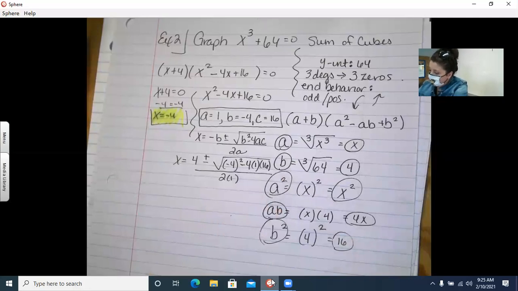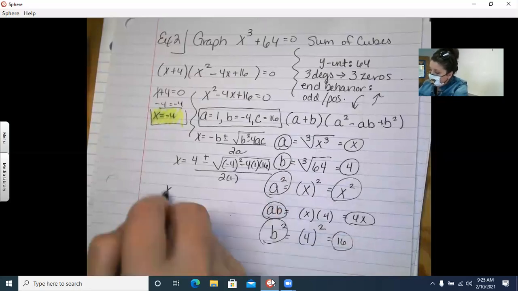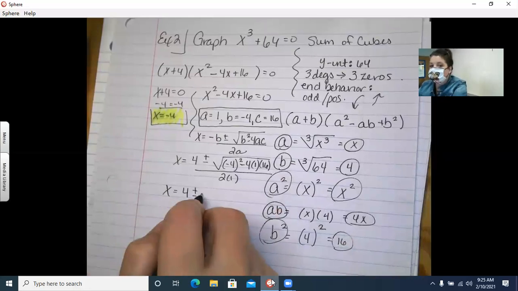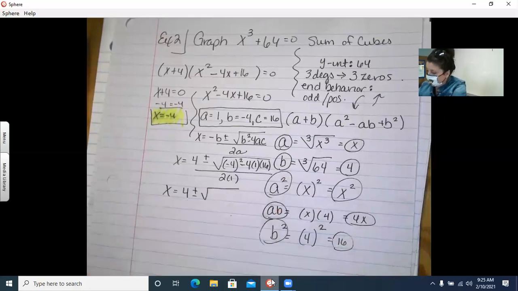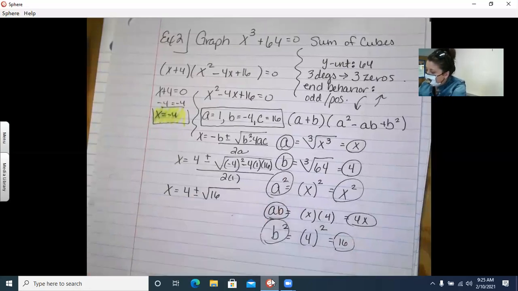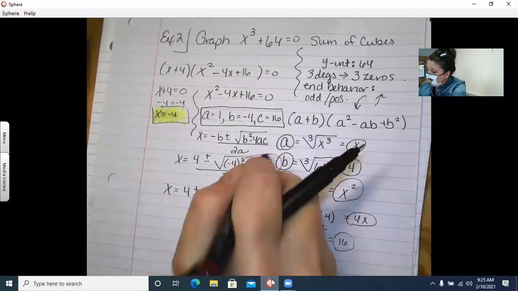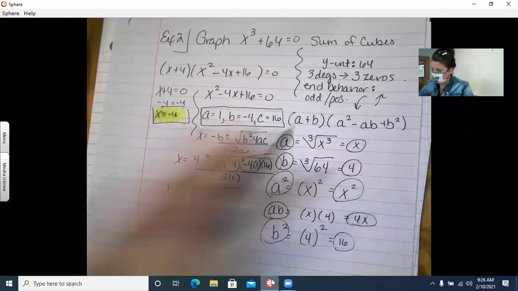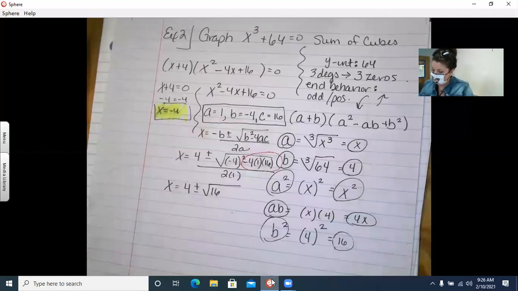All right. So we have x equals 4 plus or minus the square root of, what's -4 quantity squared? +16. Let's do the minus 4ac all together. So -4 times 1 is, and -4 times +16, -64.